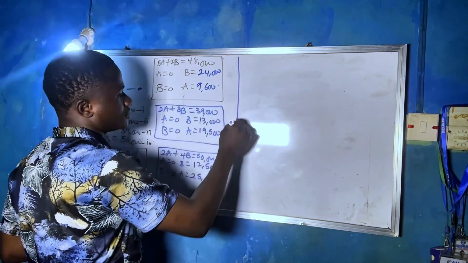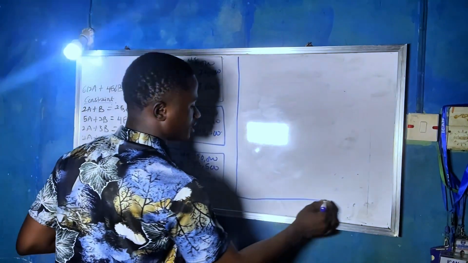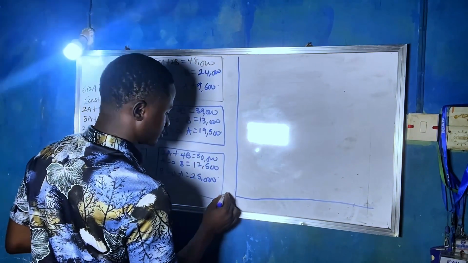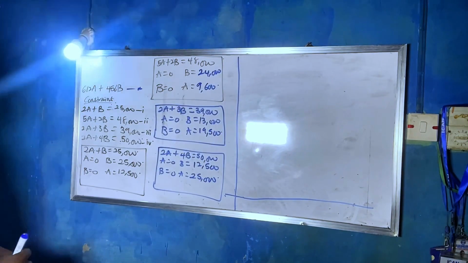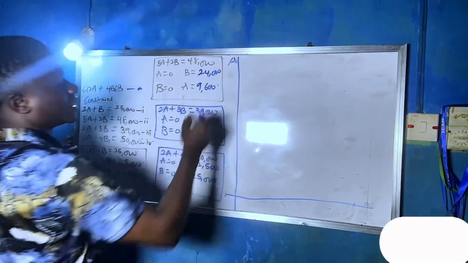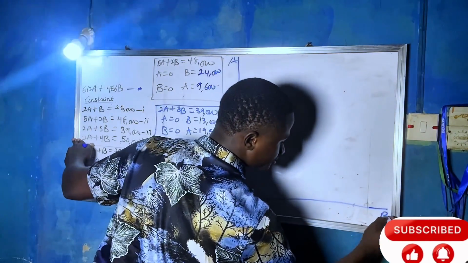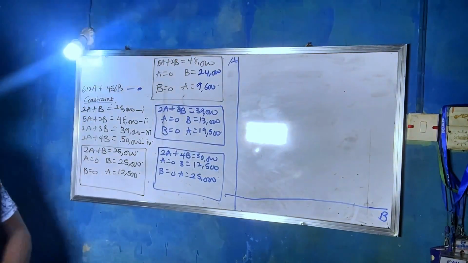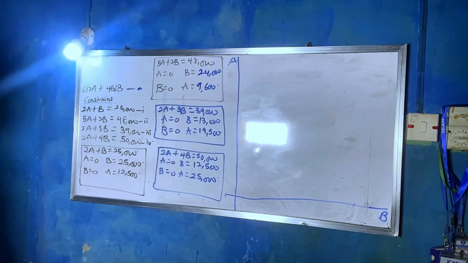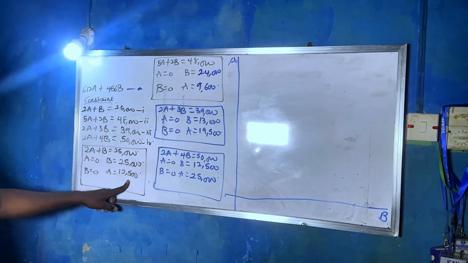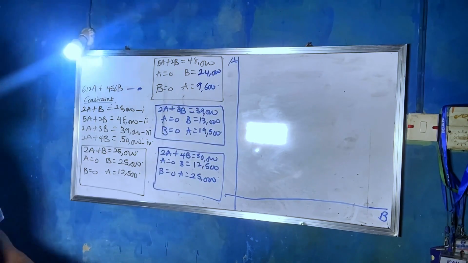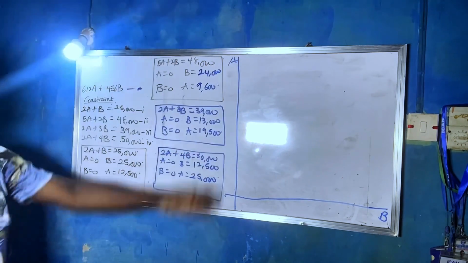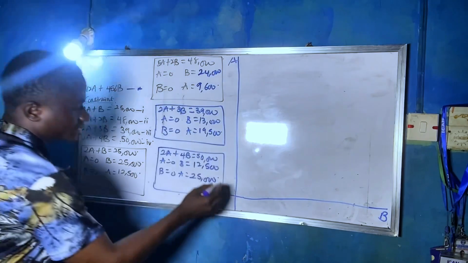We will have something similar to this, and let's use this axis for A, and this axis for B. Now, the next question we need to ask ourselves is, what's the highest value of A? A is 12,500 here, 9,600 here, 19,500 here, 25,000 here. The highest value for A is 25,000. So we can use an interval of 5,000 for A. This is A here, and this is the origin.